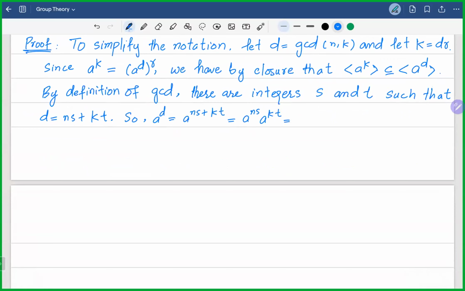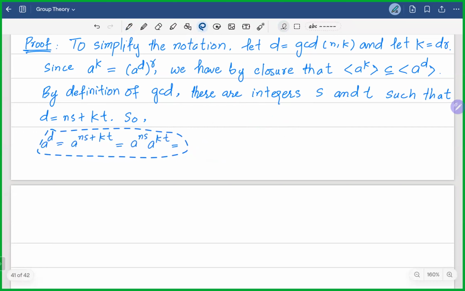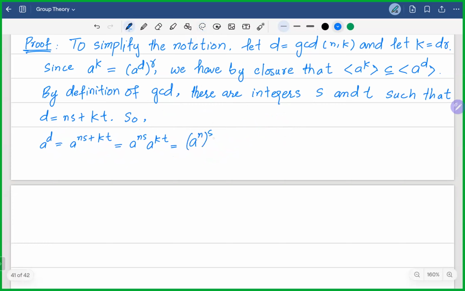This is nothing but a power n power s and a power k power t.